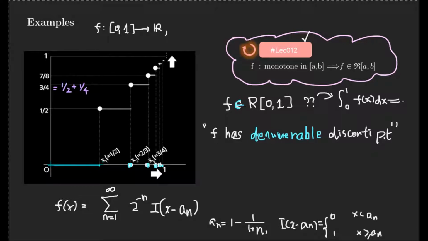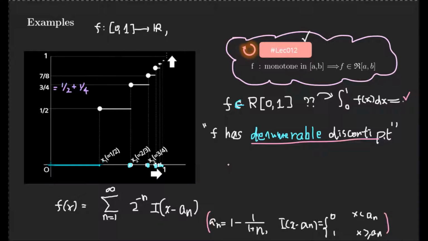Okay, and in these examples, this is originally because the function is monotone. It is in fact Riemann integrable, so we can evaluate the integral. But the important point is that this has countably many discontinuous points. However, this has no impact on evaluating the integral, because this set of discontinuous points has measure 0.